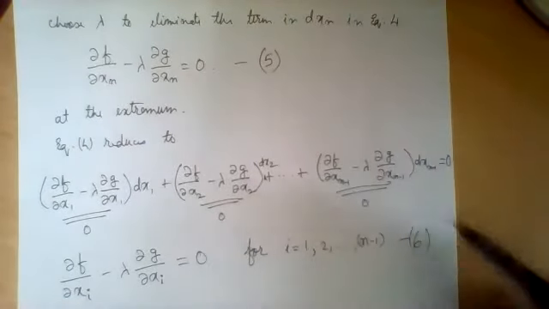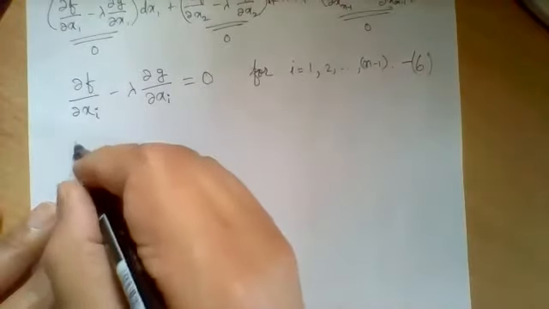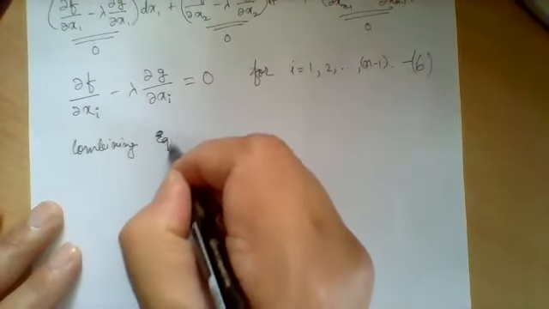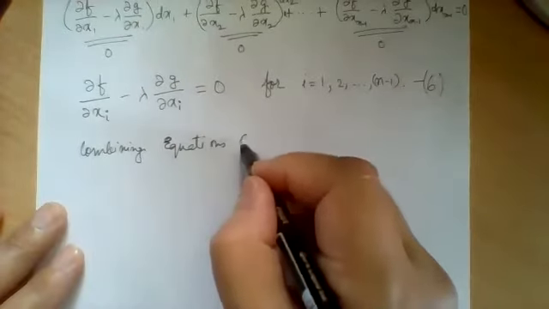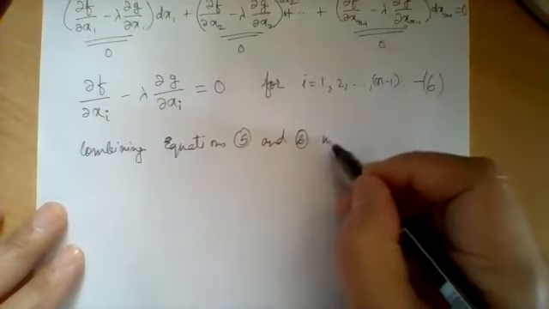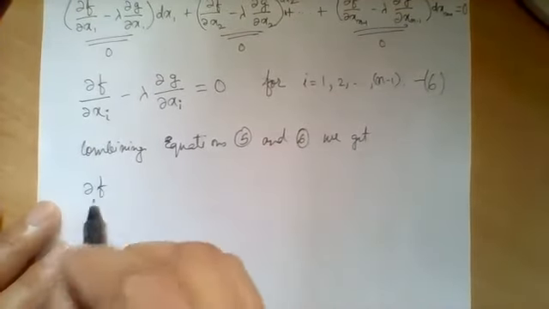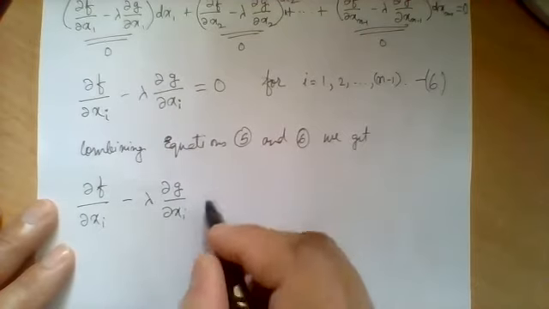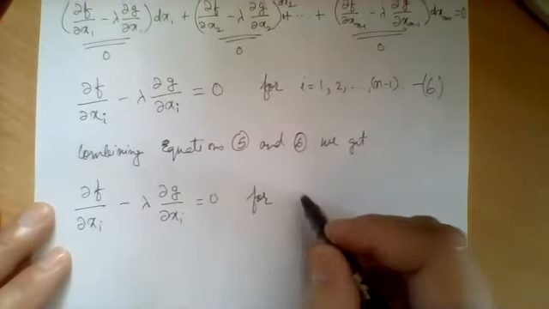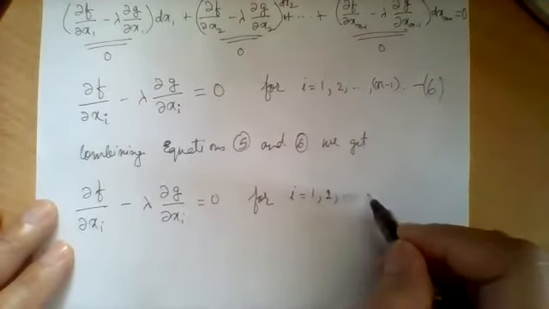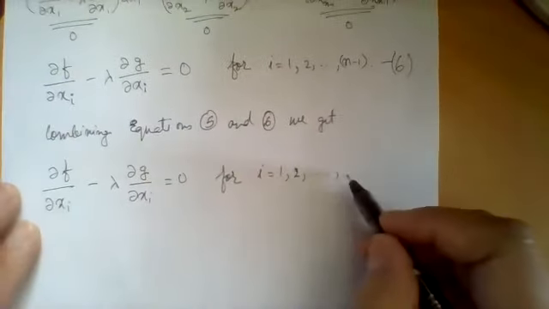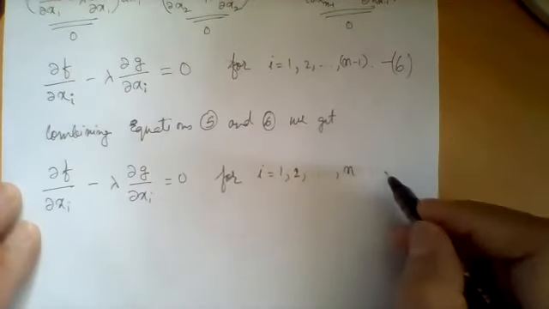When we combine equations 5 and 6, we get del f by del x i minus lambda times del g by del x i equal to 0 for i going from 1, 2 and so on till n. We call it equation number 7.